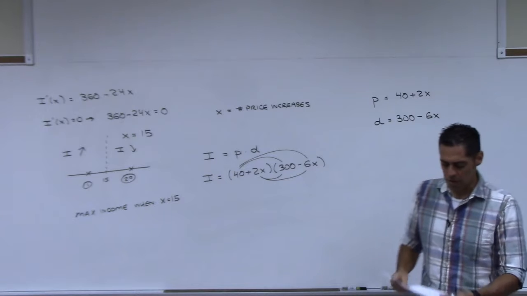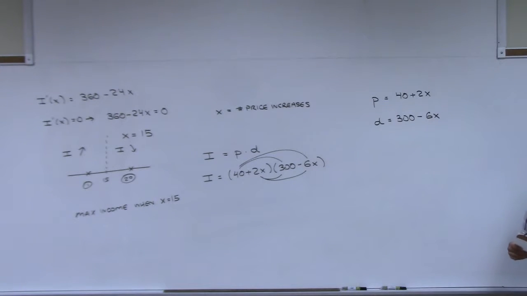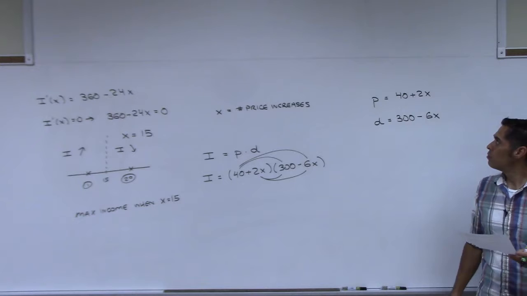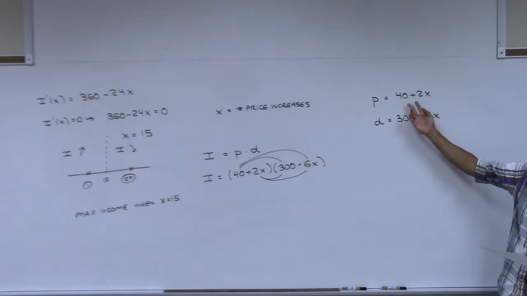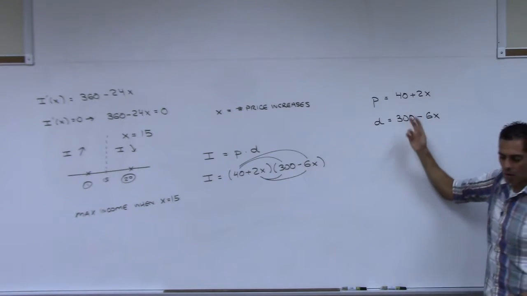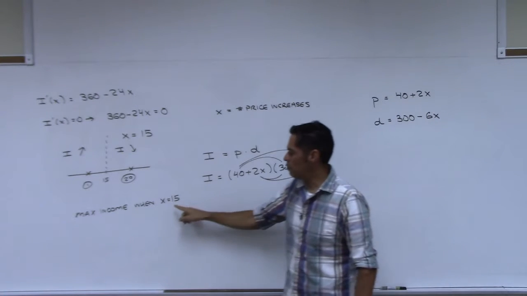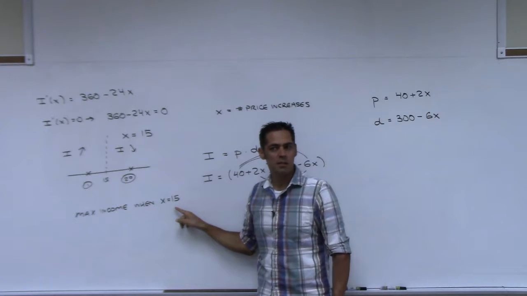Now have we answered the question? No. There's two questions. What should the daily rate be adjusted to in order to maximize income? So, isn't this the price? Oh, wait, sorry. Yeah, this is the price, right? So our price should be maximized when x is 15.